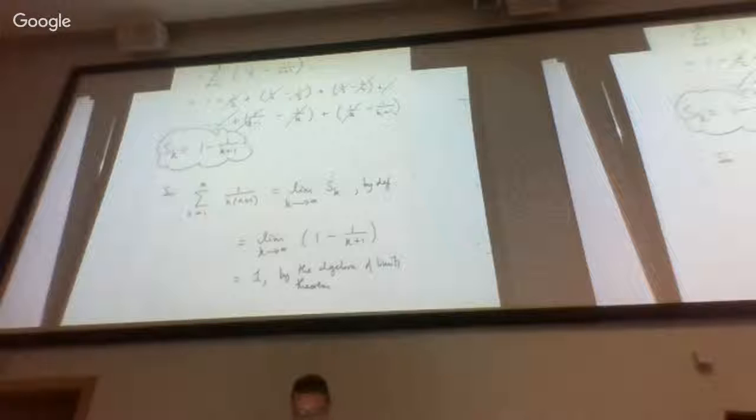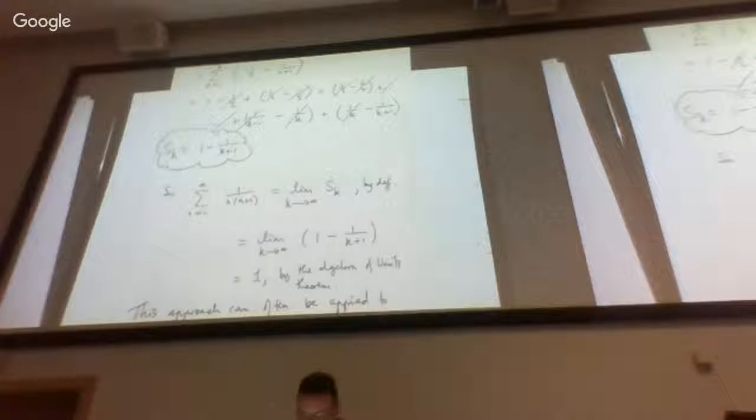Okay. So this approach can often be applied to an infinite series, the sum of a_m, when a_m is a rational function of m.